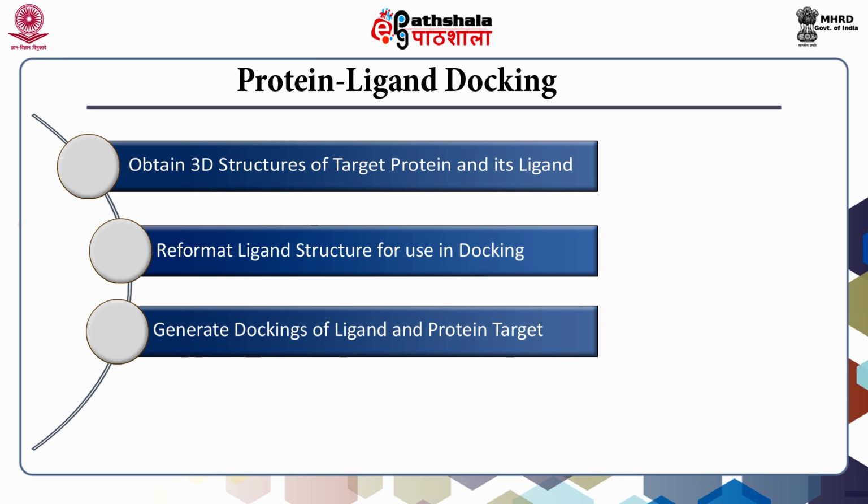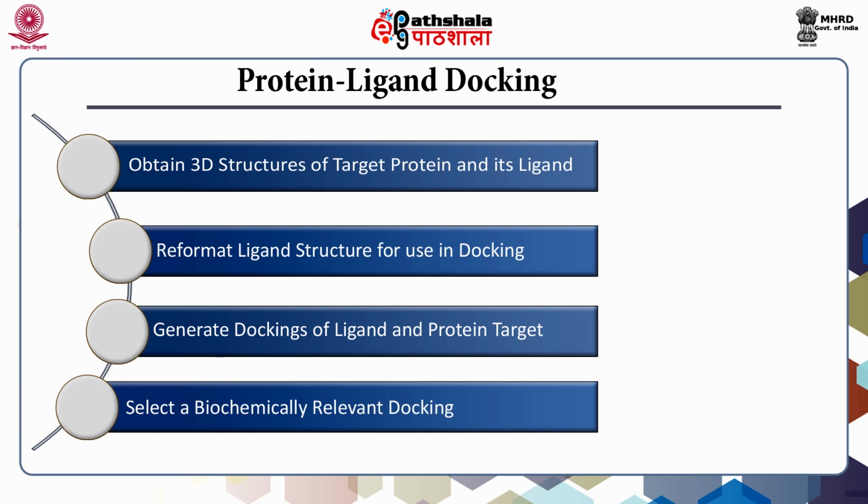Finally, we need to analyze the resulting dockings to select a biochemically relevant docking, to understand the interactions of amino acid residues in the enzyme and the chemical groups on the substrate, so as to design alternative molecules having desired interactions for controlling the biochemical activity of the target protein.